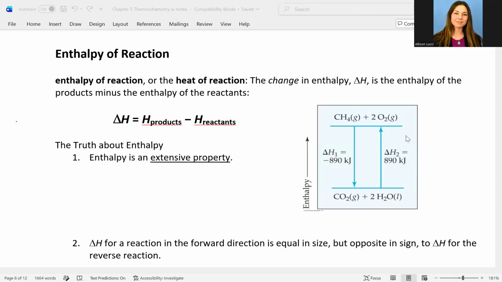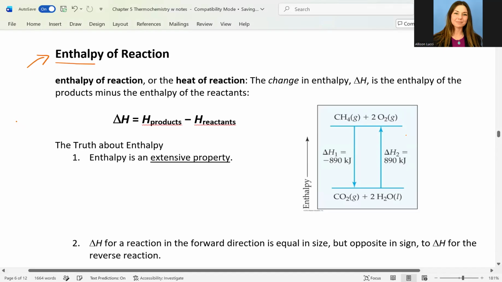In this video, we're going to talk about what is referred to as the enthalpy of a reaction. So we've already defined enthalpy as being equal to Q, or the heat of a reaction at constant pressure.